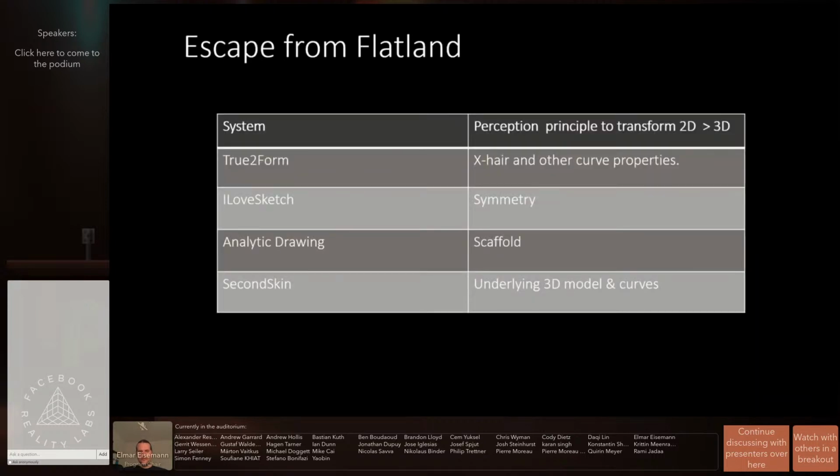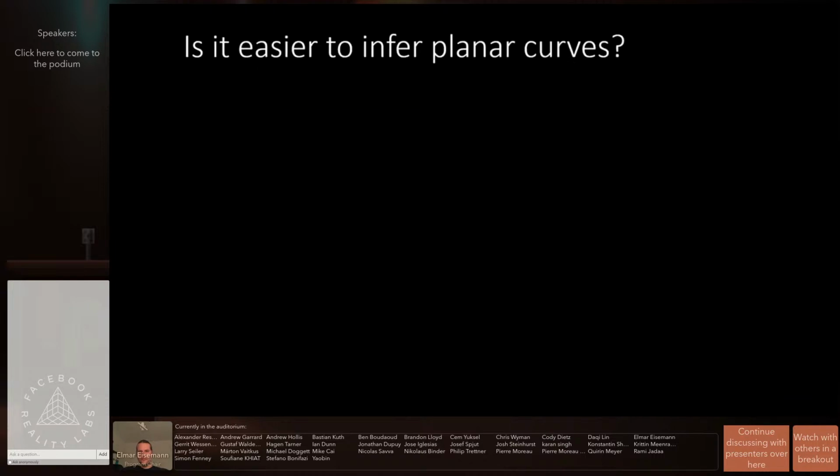To recap, we have just seen four very different approaches to lifting 2D strokes into 3D, each with its own perceptual trick to escape flatland. It is also worth asking, what if the curve escaping flatland is in fact flat?